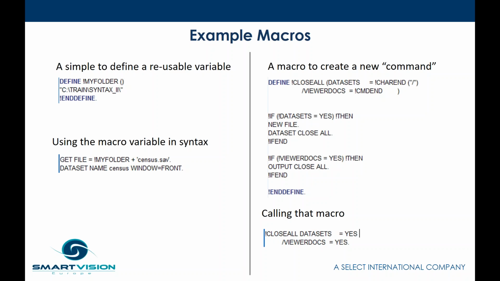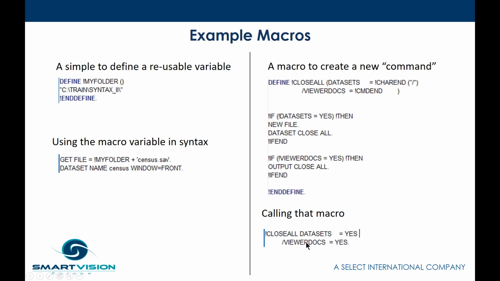So what you want to do is just create that as almost like a template, if you like. In this example, I'm going to create a macro called close all, and what that will do is close all data sets and close all output Windows output viewers according to options that I specified.